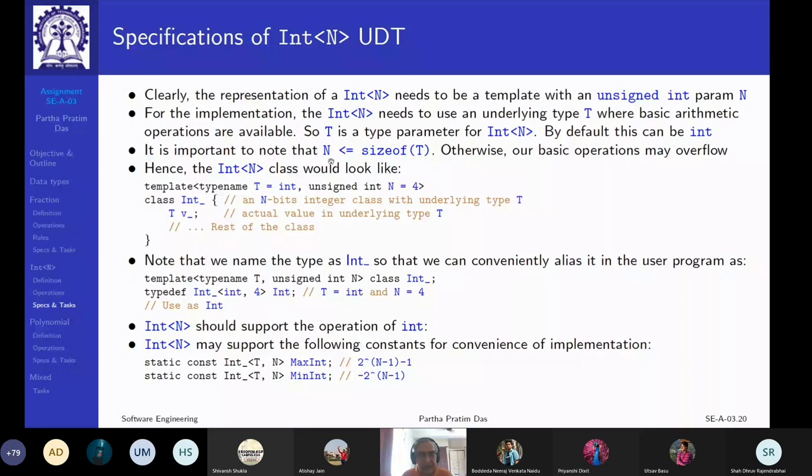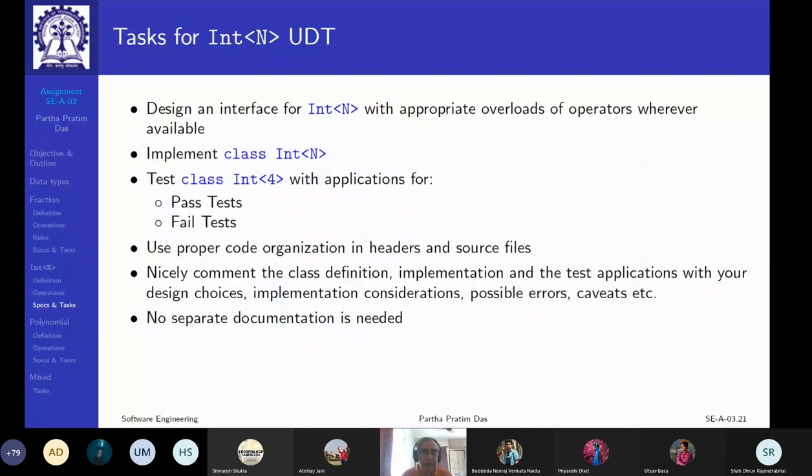It should support the operations of int. I have not listed them because operations of int are known. And additionally, you may support two constants, maxint and minint, as your normal int type does, so that it becomes easy to work with that. Okay. So with that, the task is the same.